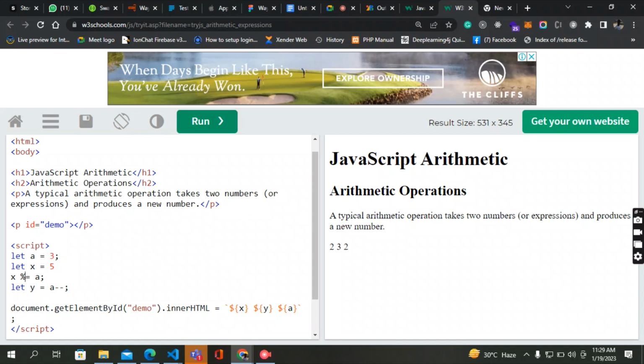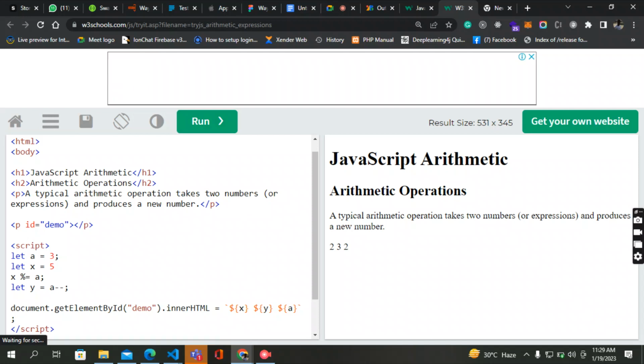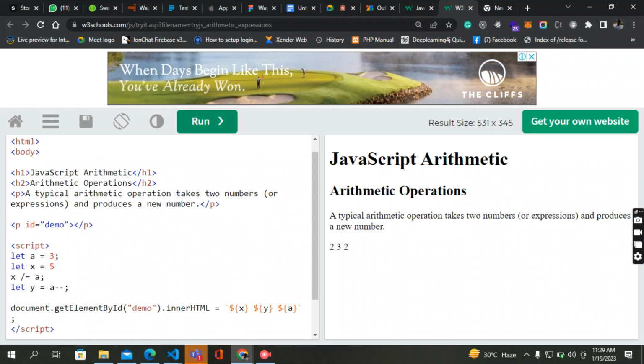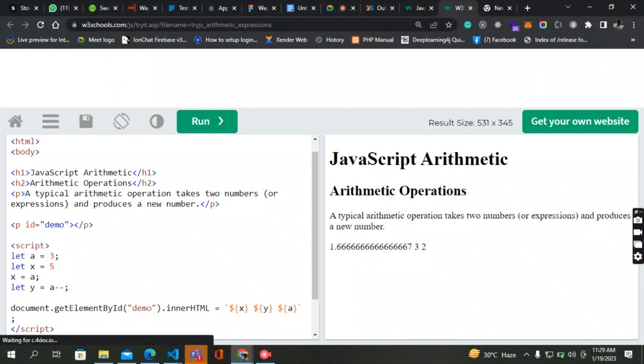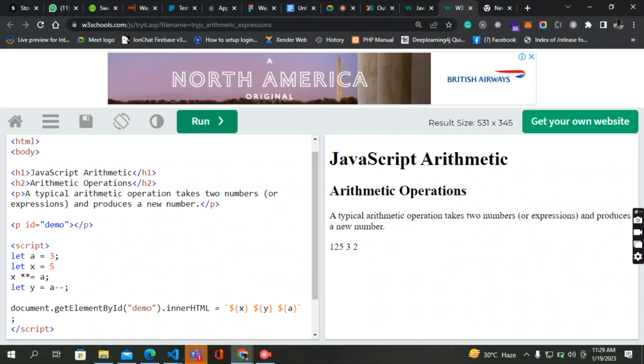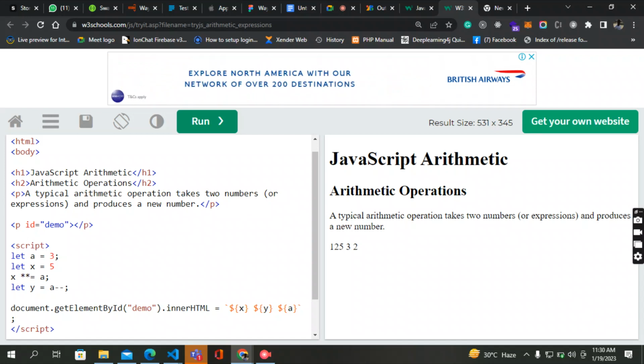What should be the answer? Are you sure? 5 divided by 3. That's what I made up to you. Exactly. So we have 2 there. Divide. I think that one should be in decimal. You see? Which one again? Exponential. Yes. Sure, sir.